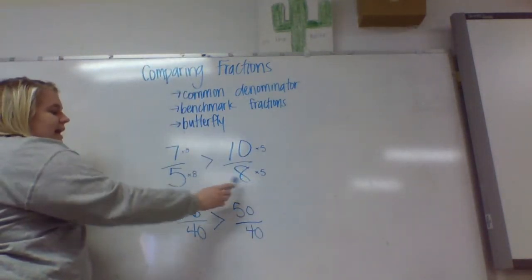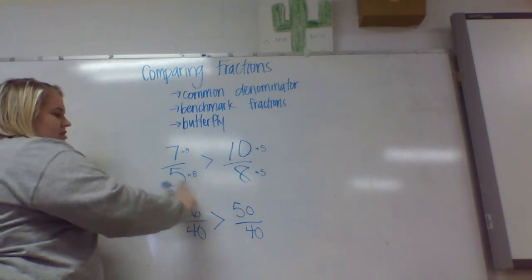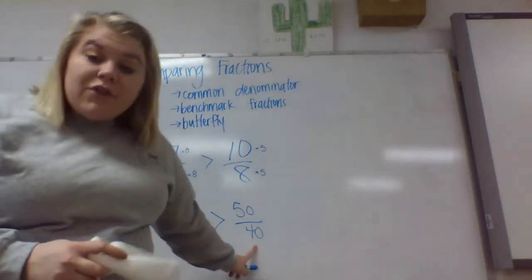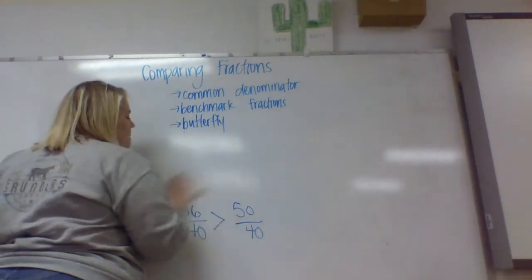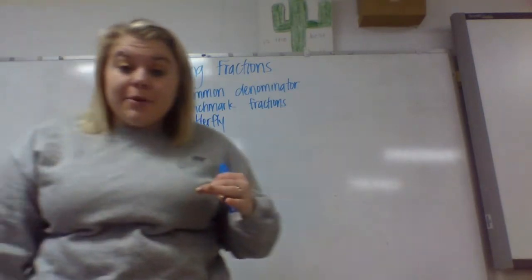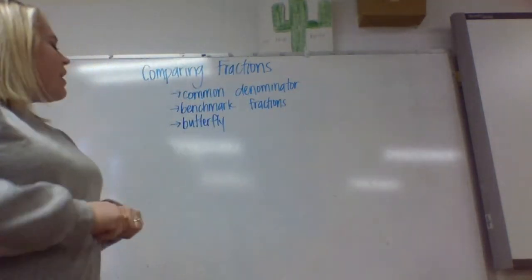This denominator is 8, so I multiply this numerator and denominator by 8. This denominator is 5, so I multiply this numerator and denominator by 5. That's going to give you a common denominator, which makes it really, really easy to tell which fraction is greater than or less than.